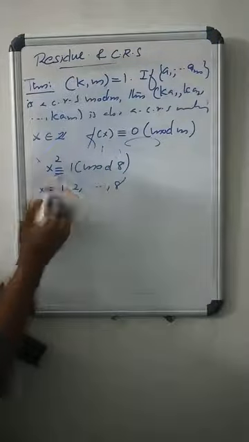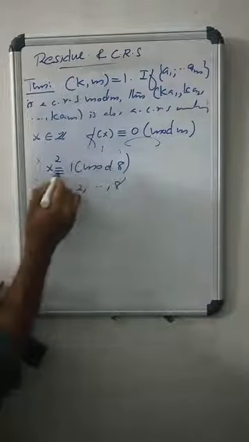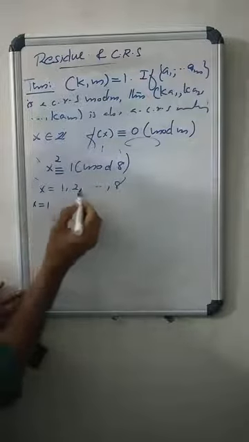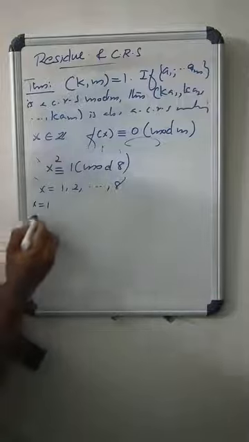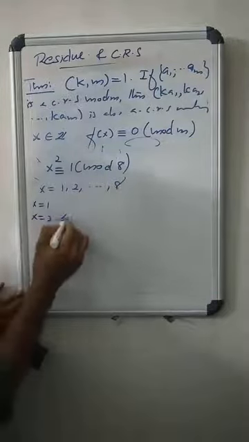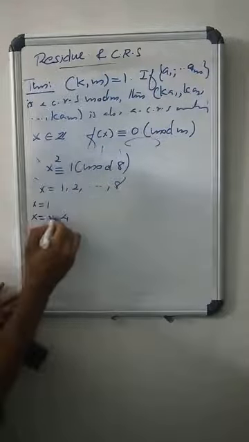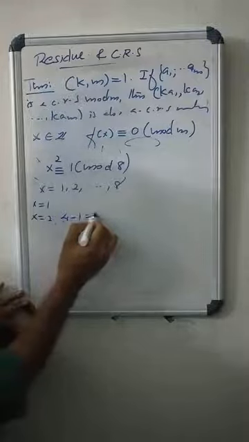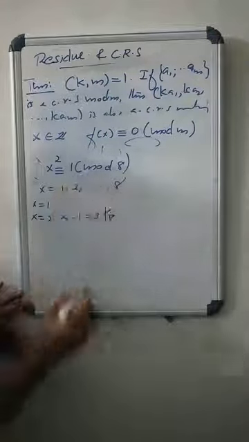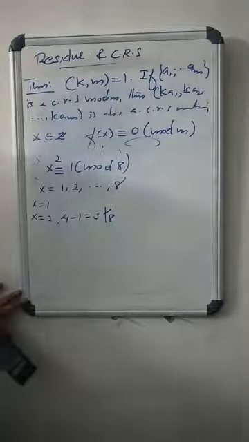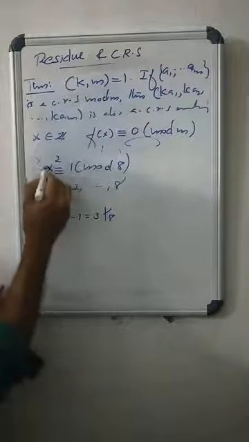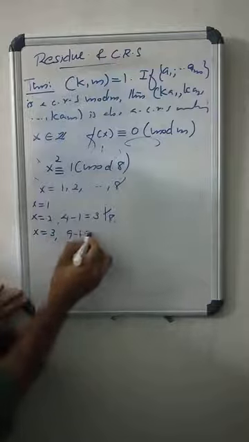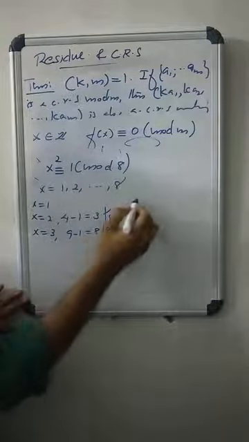When x equals 1, 1 ≡ 1 mod 8, so it satisfies and x equals 1 is a solution. When x equals 2, 2 squared is 4, 4 minus 1 is 3, 3 does not divide 8, so 2 is not a solution. When x equals 3, 9 minus 1 is 8, 8 divides 8, so 3 is a solution.